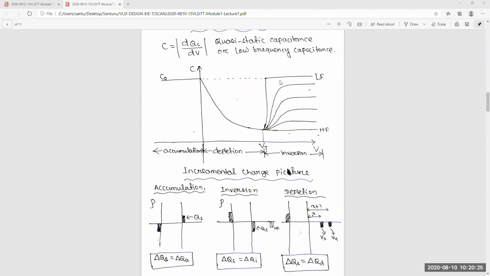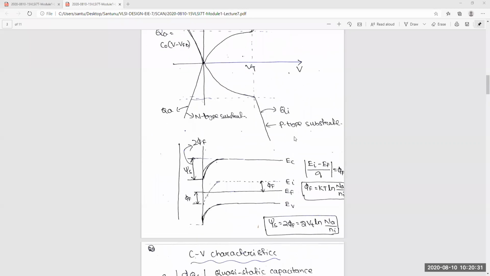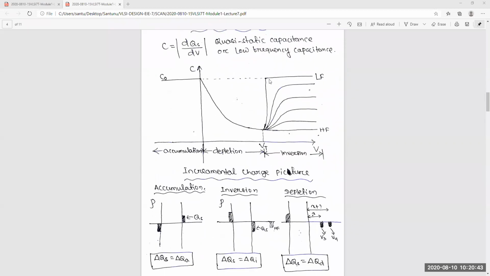The constant or not? This is also C0 into something that's linear. Okay, this part, QD inverse by C0. So again, you will get a constant C0.